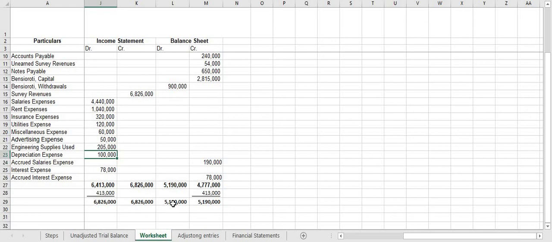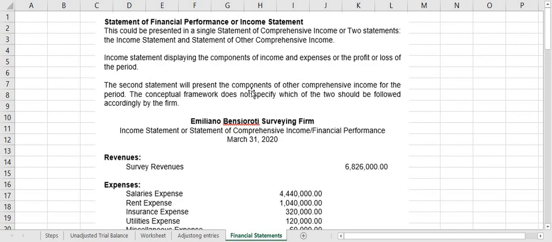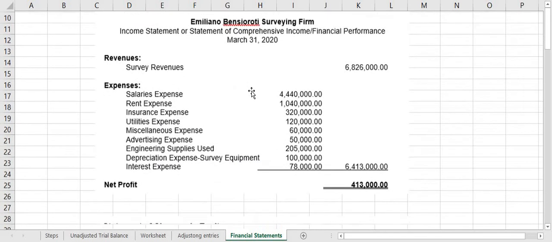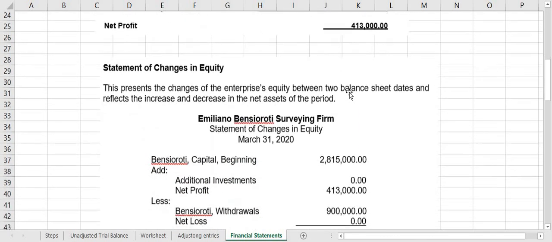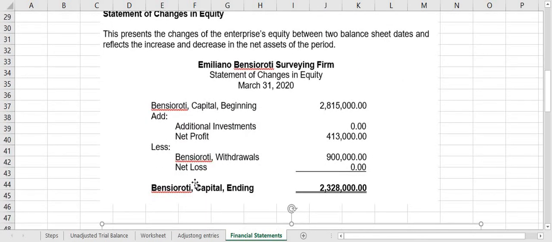After that, you can now prepare your financial statements. The statement of comprehensive income and the net profit will be added in computing the ending balance of your capital in the statement of changes in equity.